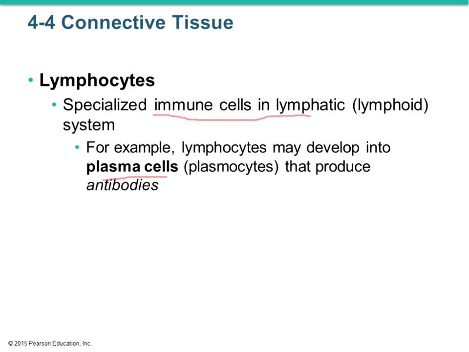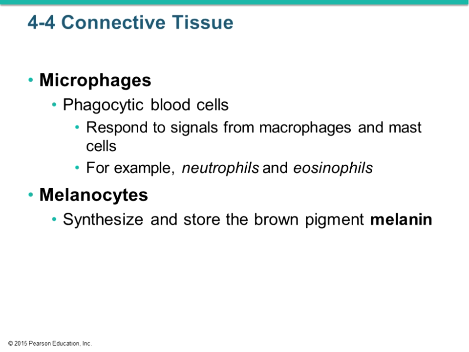You may have heard of those. Some may also produce plasma cells that produce antibodies, but basically they're part of our specific defense system that targets and can help remember things that perhaps enter our system. Similar to macrophages are neutrophils and eosinophils, and in A&P 2 we'll talk all about different types of white blood cells.